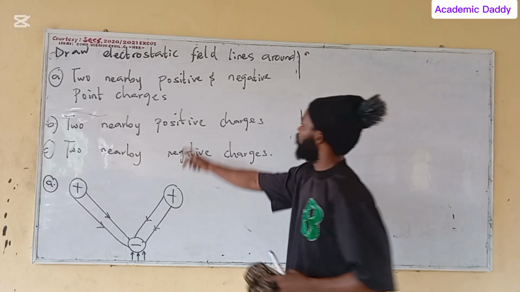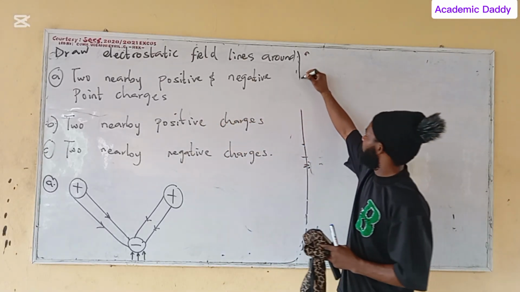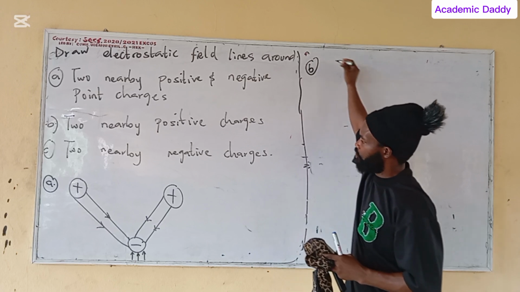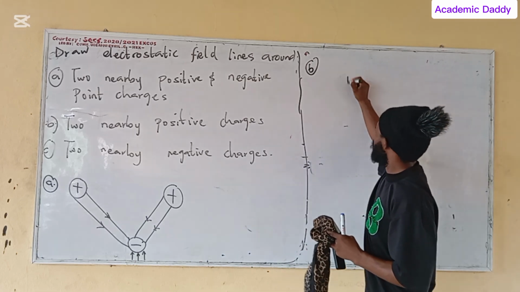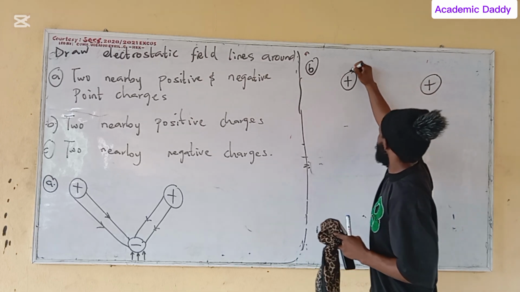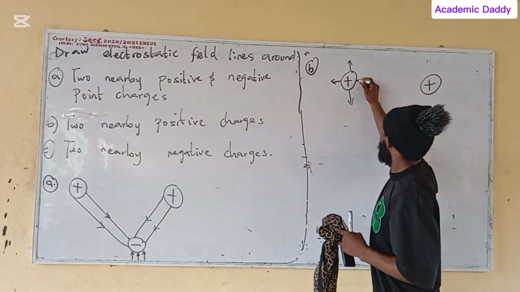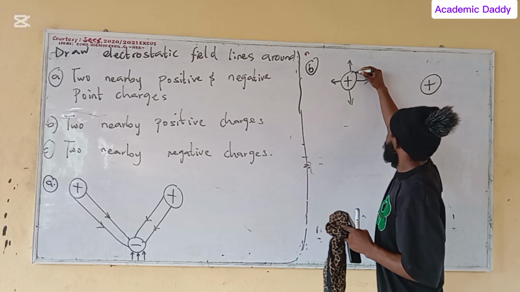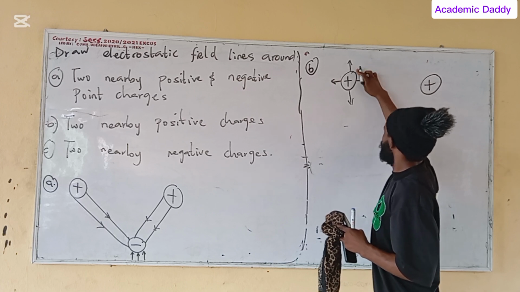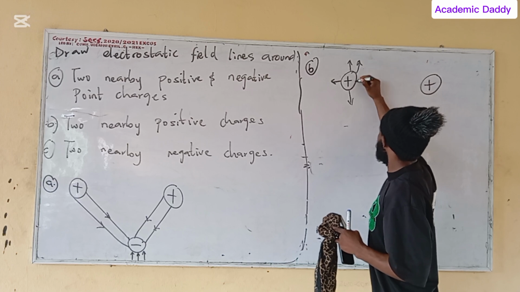Now for the B part, that is two nearby positive charges. It will simply be positive, positive. This is how it will go. In some textbooks you see something like this. But because they are positive, this one will end up like this.